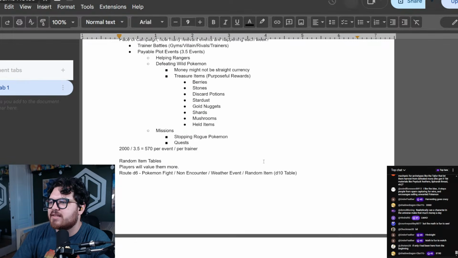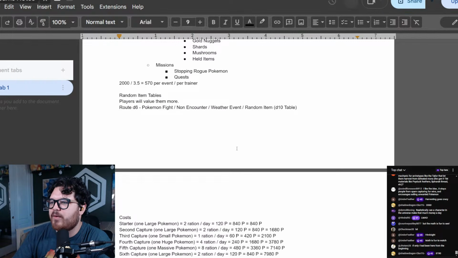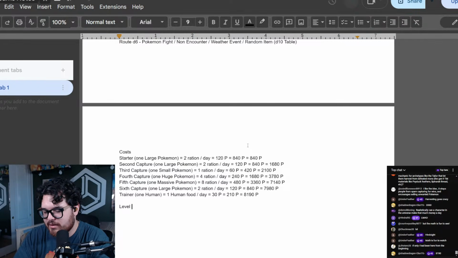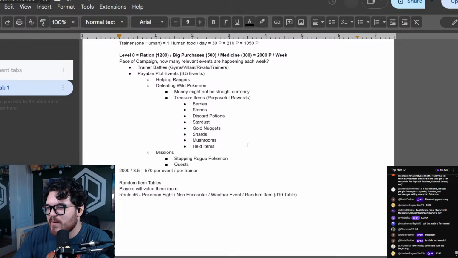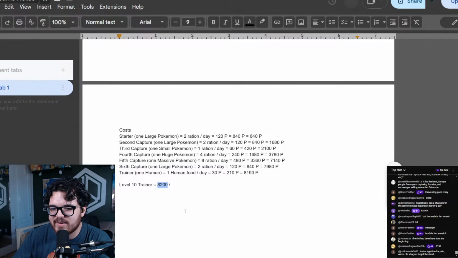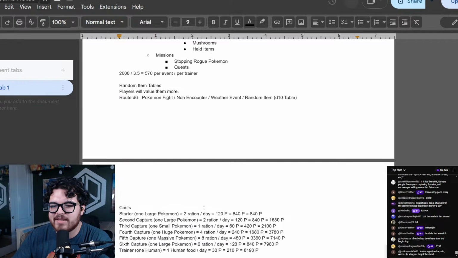Okay, so that means that a level 10 trainer should be earning about 82,000 per week for food, which is, let's see here, so 8,200. Sorry, 8,200. That's why you forgot the sheet.